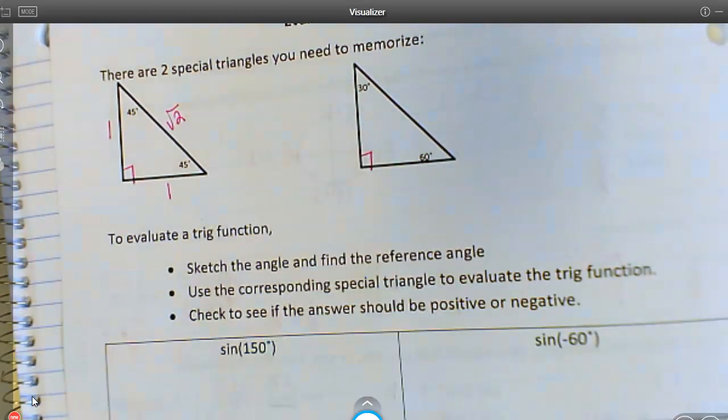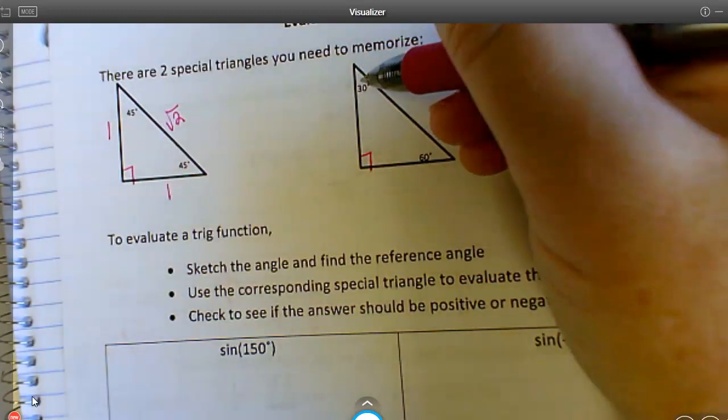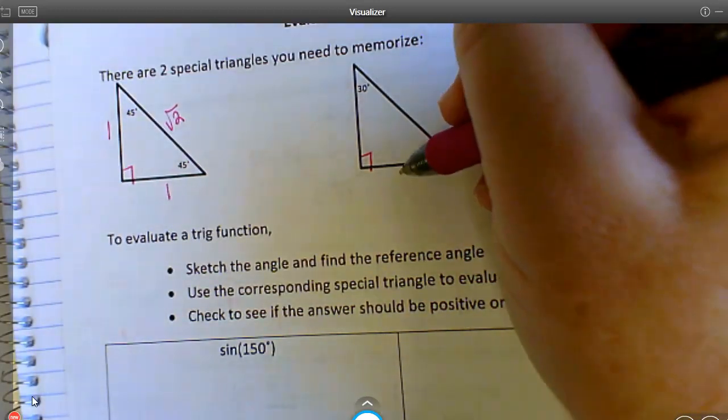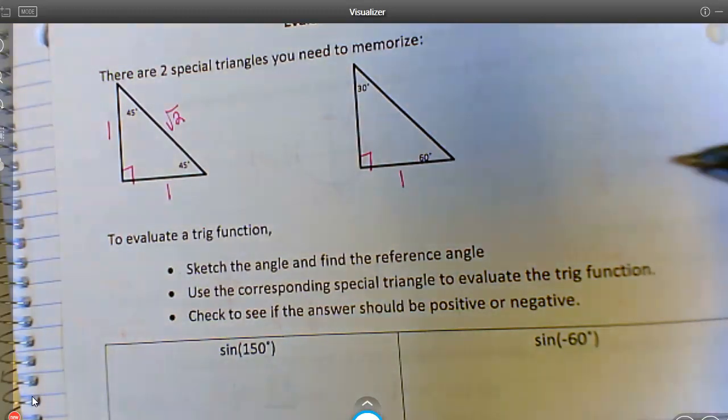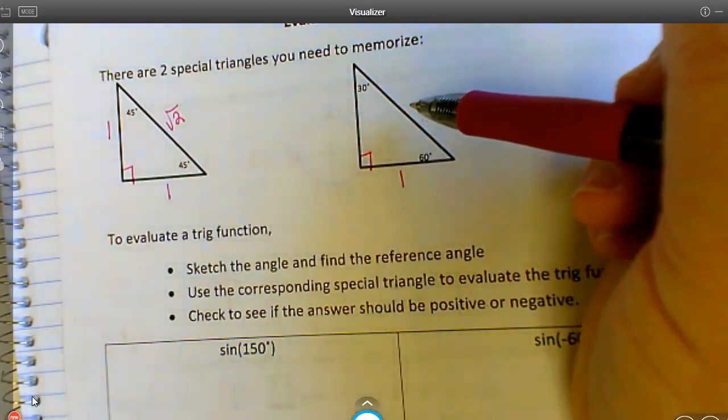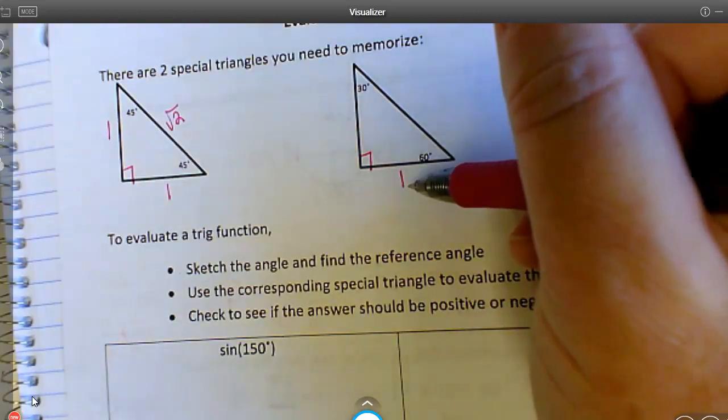The other really important one is the 30-60-90 triangle. What you need to know about that triangle is the sides go in order of the angles. So across from 30 will be the smallest side. Across from 60 will be the next smallest, and across from 90 will be the next. Like it goes in order. So we're going to start with the side across from the 30 being a 1. And in a 30-60-90 triangle, the side across from 90 is twice as big as the side across from 30.